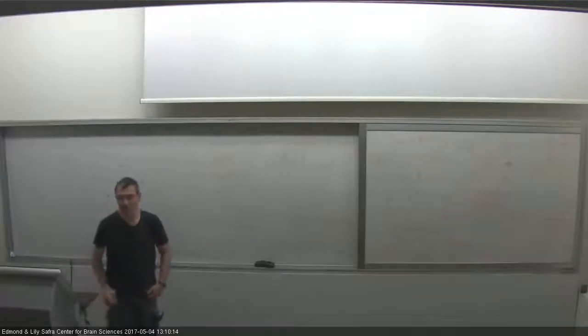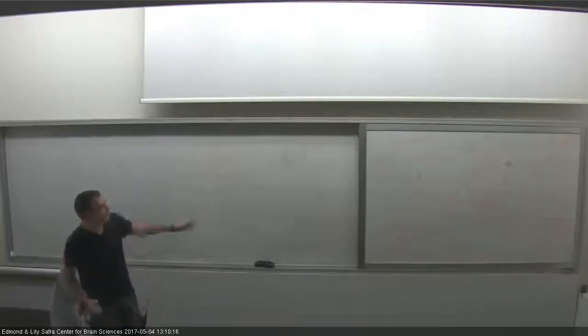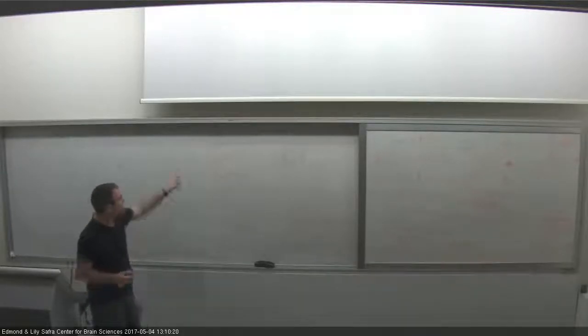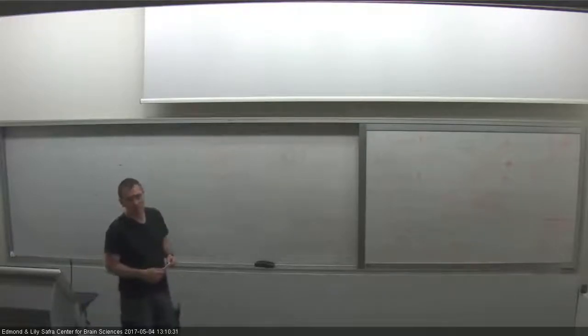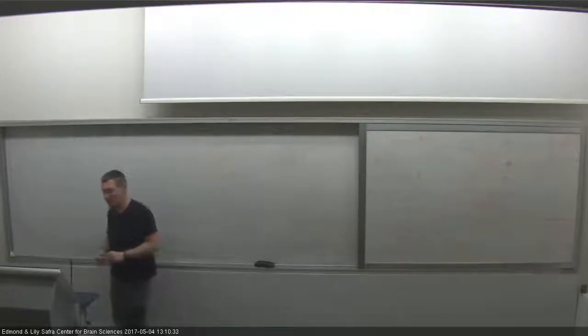Another way of doing it, we discussed it I think in the first class, is that these are something like firing rate. We know that neurons in the brain fire spikes. So maybe what we should do is take a Hodgkin-Huxley model.